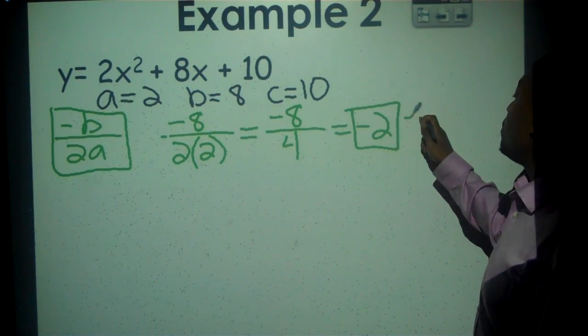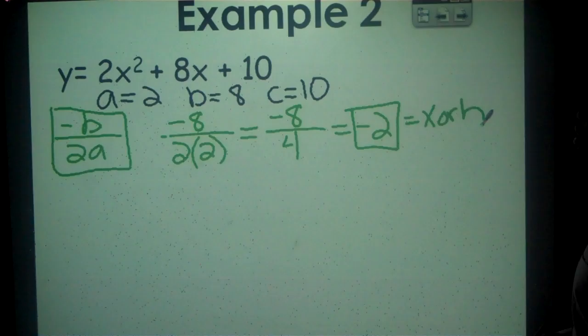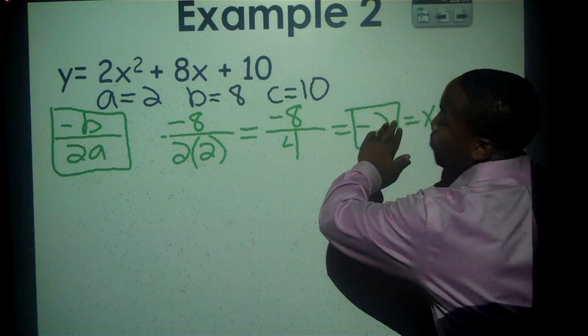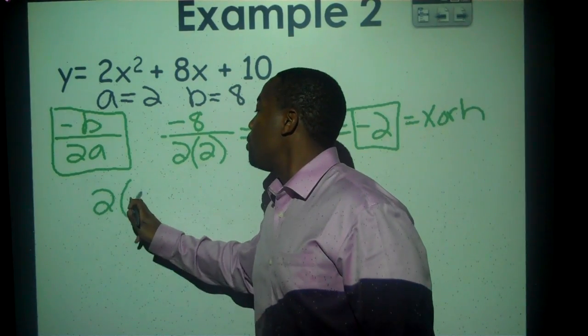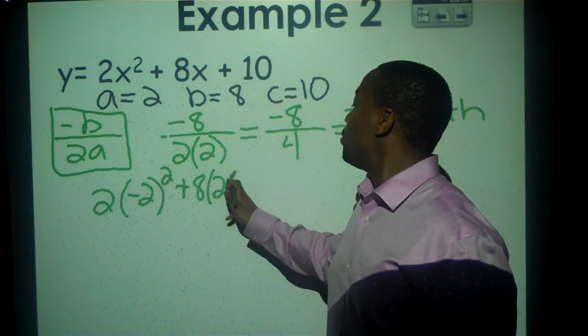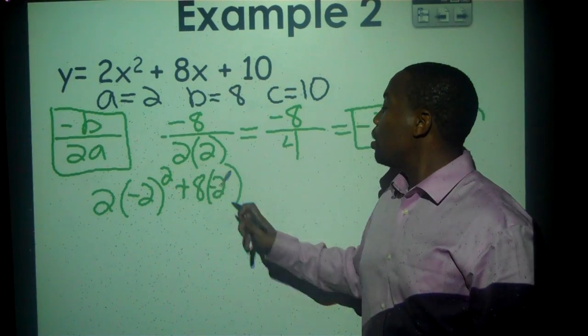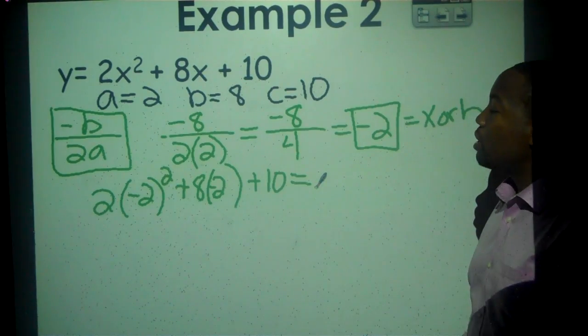So once again, this is going to be my x or my h, right? Take this and plug it right back into the equation. So 2 times negative 2 squared plus 8 times negative 2 plus 10. Let me make sure that's negative 2. Don't want to make any mistakes.